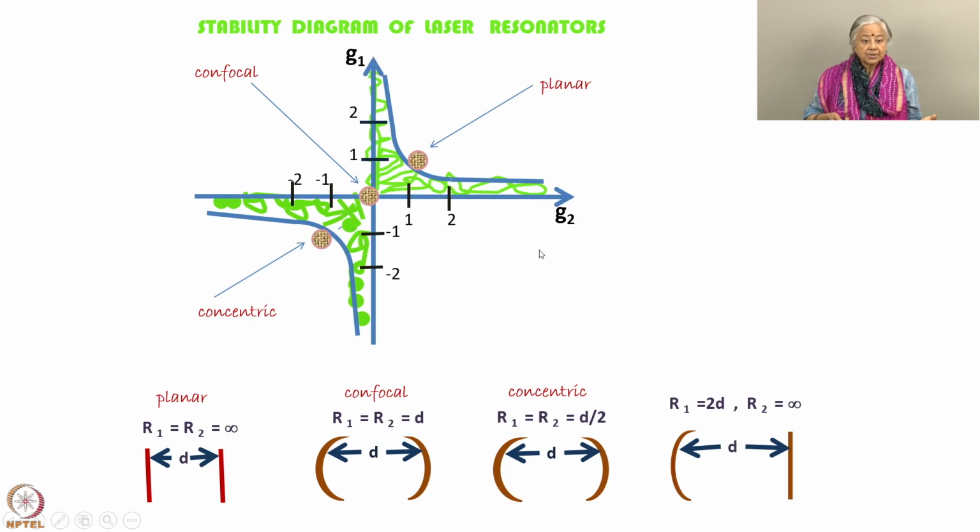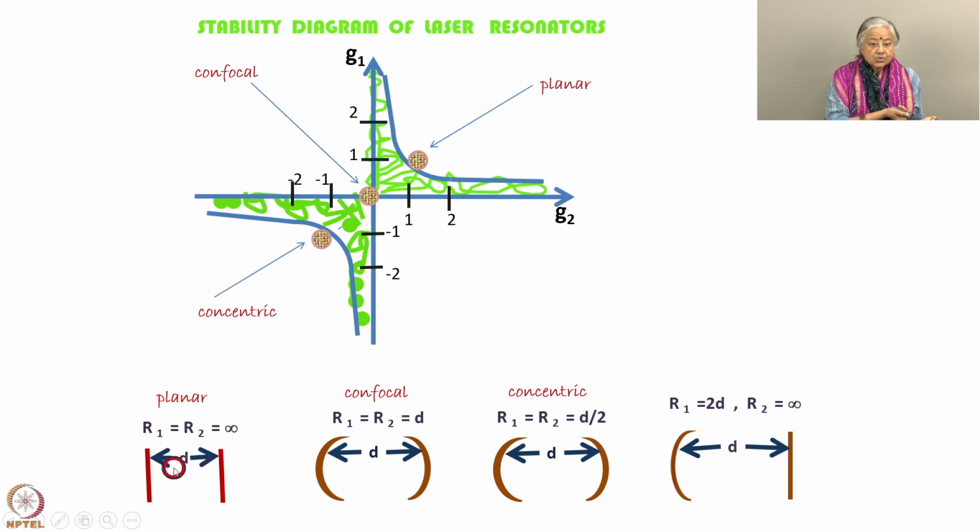As an example, suppose the resonator is made out of absolutely plane mirrors, and the distance between them is d. For plane mirrors R1 is infinity and R2 is infinity.